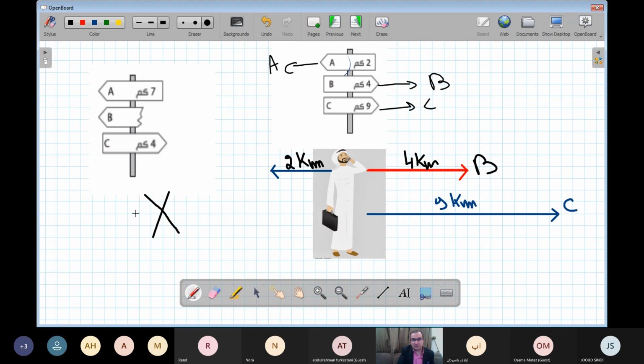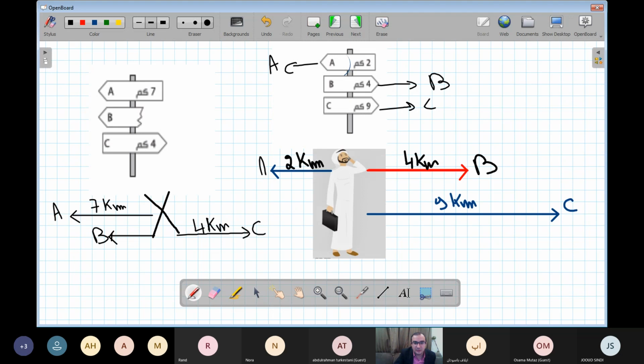If we want to travel to A, we need 7 kilometers. This is for A. For B, in the same way, and for C, it's going to be 4 kilometers. This is for C.